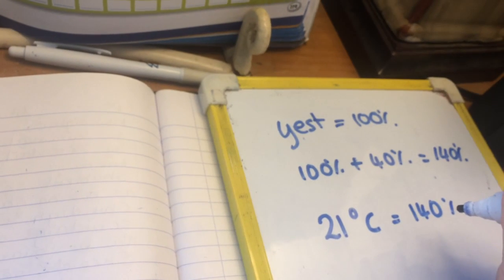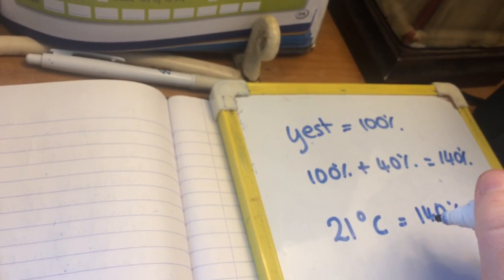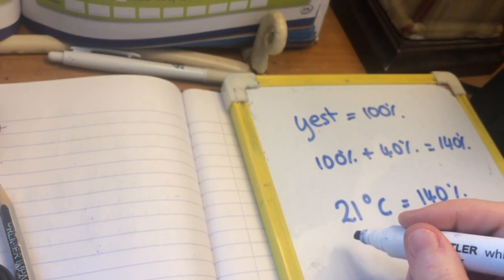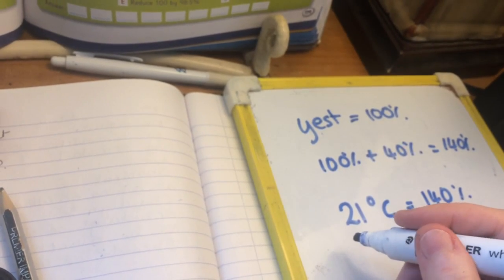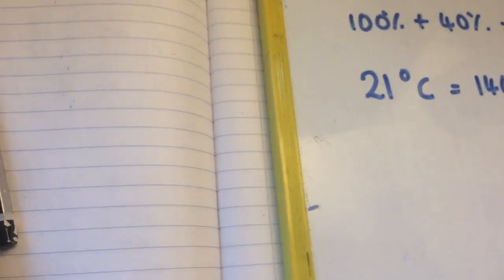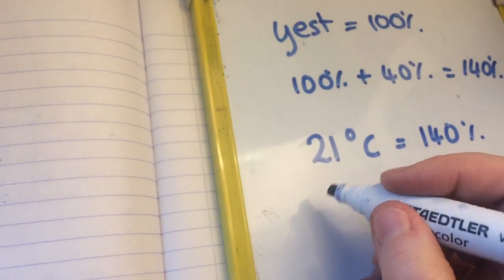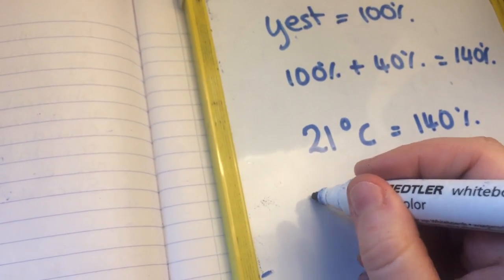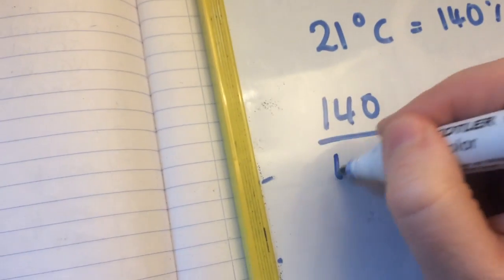Okay, so we can work it down. We can do it in fractions if we want. So we can say 140% over 100.